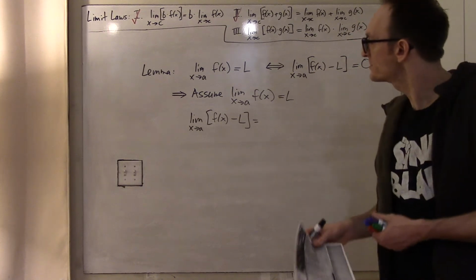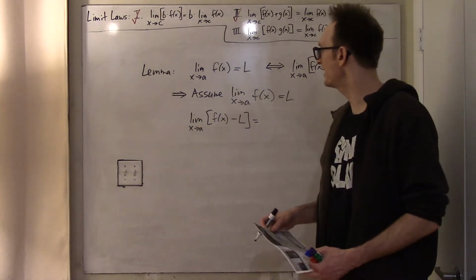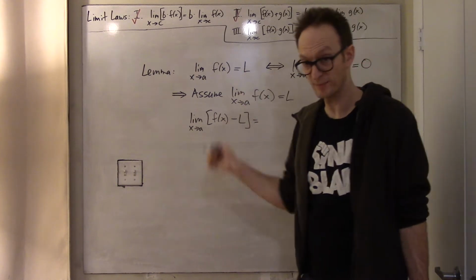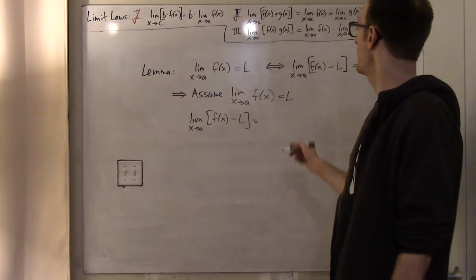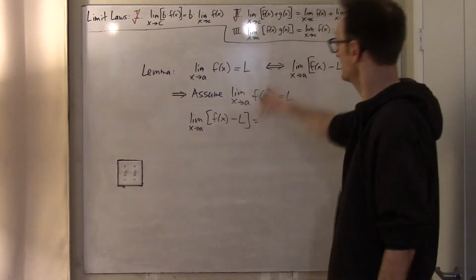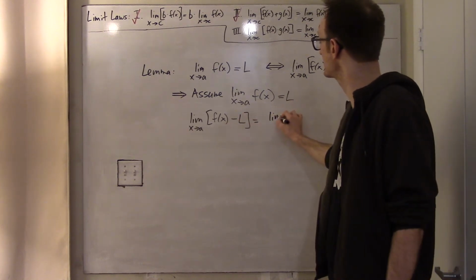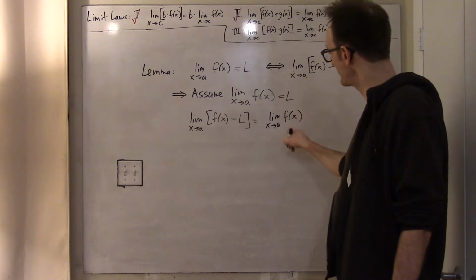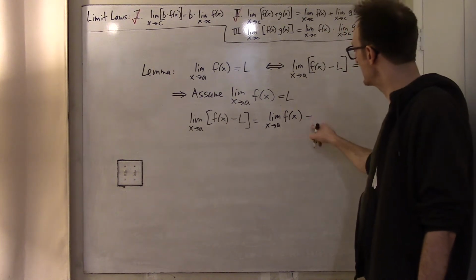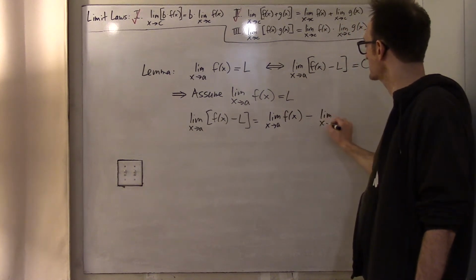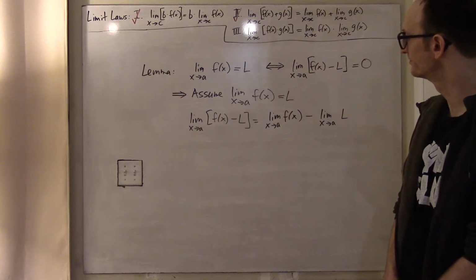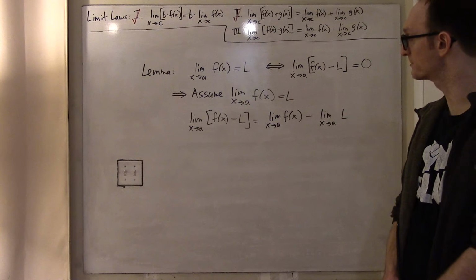Minus L is sort of like plus negative L. So by applying that the limit of the sum is the sum of the limits, I get that this is the limit as x approaches a of f minus the limit as x approaches a of L.